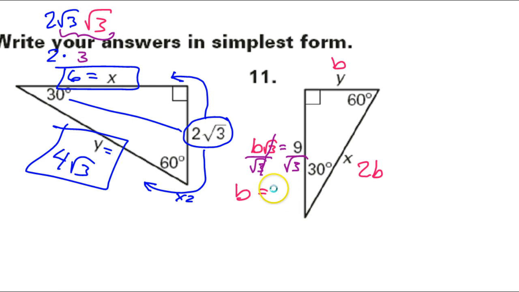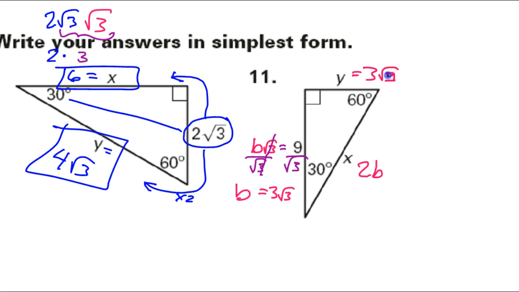Okay, so b is 3 radical 3. Now we need to translate that into x and y. Well, this part is super easy because b is y. Okay, so that means that y is 3 radical 3, because that was the same as b.